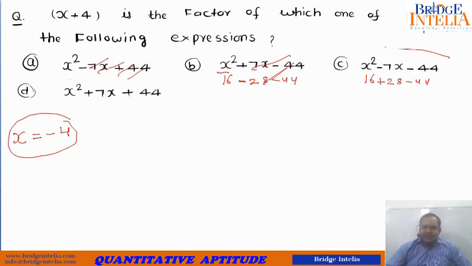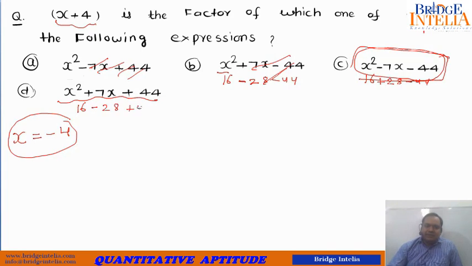Yeah, this becomes 0. If you put x is equal to minus 4, this expression in fact becomes 0. So x plus 4 must be a factor of this expression. Anyways, let's verify the last remaining option as well. So this will be 16 minus 28 plus 44, again not possible. Okay, so this option C is in fact the correct option.